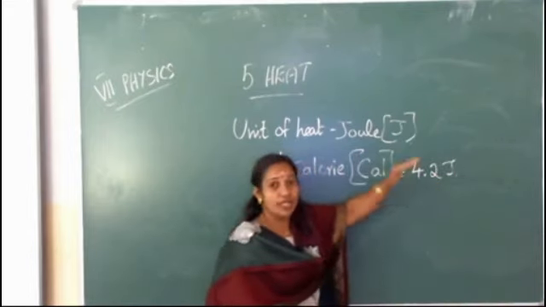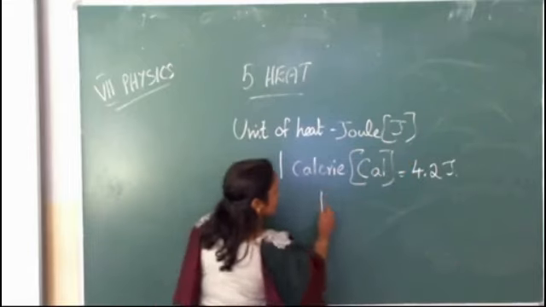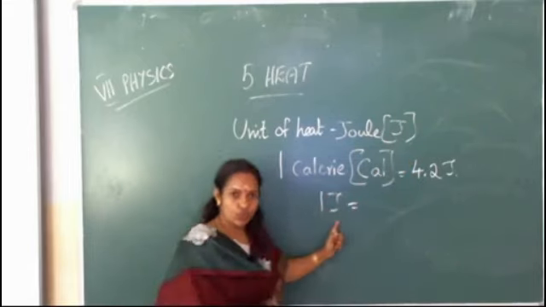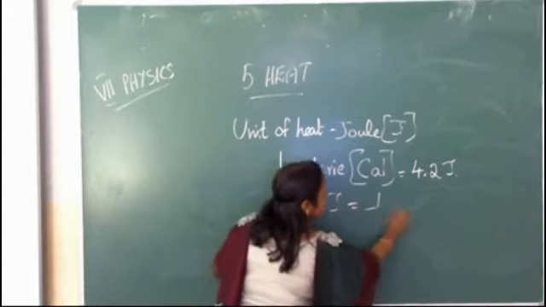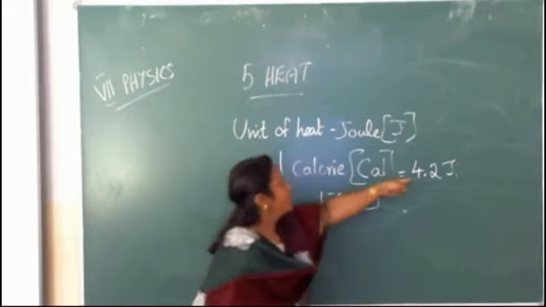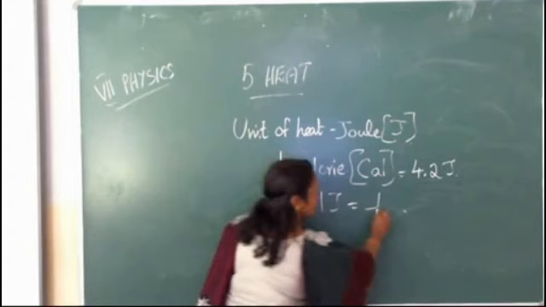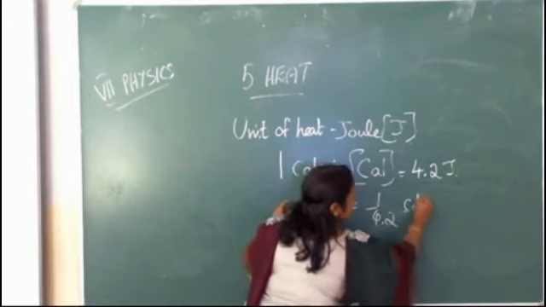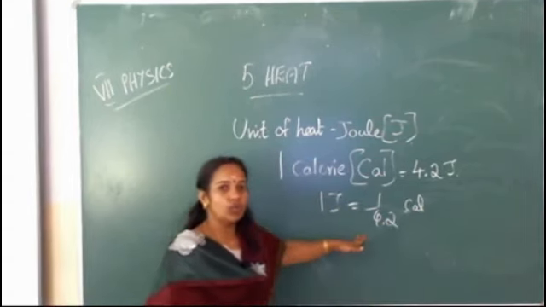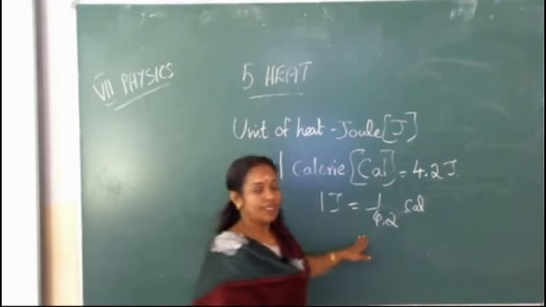From this relation, we can write 1 joule is equal to 1 divided by 4.2 calorie, that's equal to 0.24 calorie.